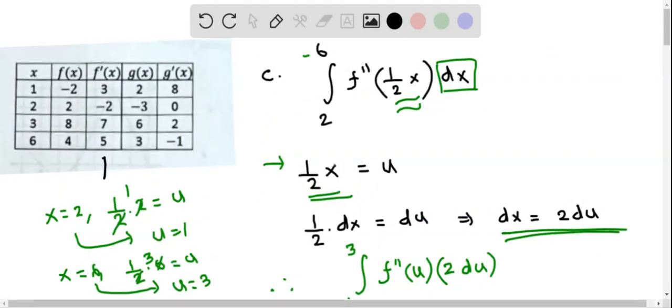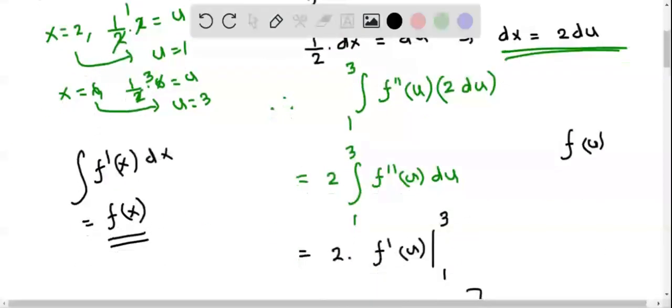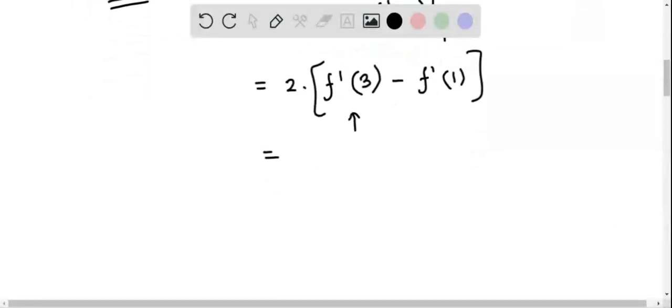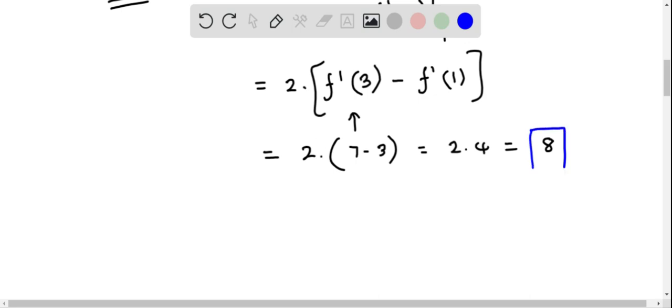Let's look at only this column. f prime of 3 is 7, and f prime of 1 is 3. So I put 7 minus 3. This is 2 times 7 minus 3, and 7 minus 3 is 4. So this gives 2 times 4, which is 8. So we evaluated the given integral, which is 8.